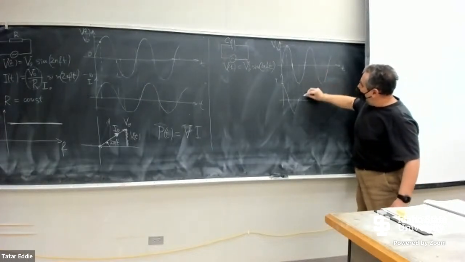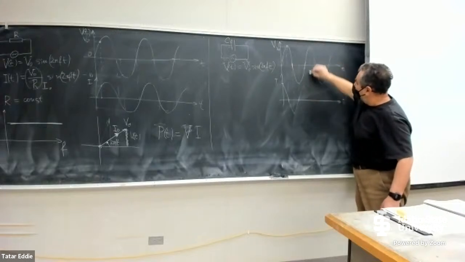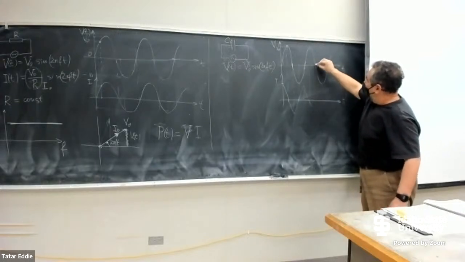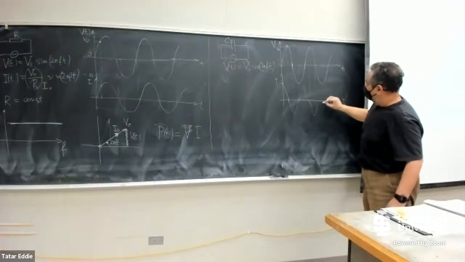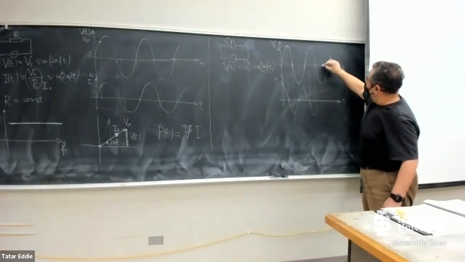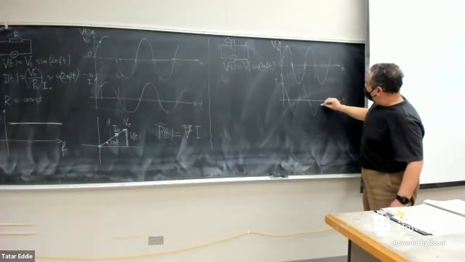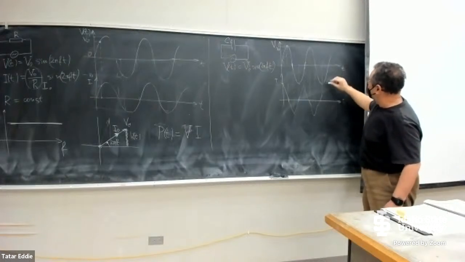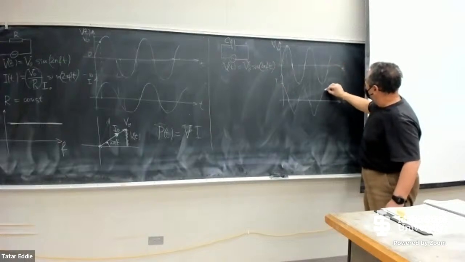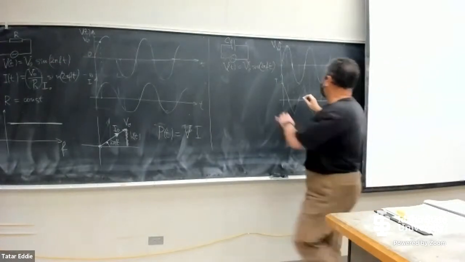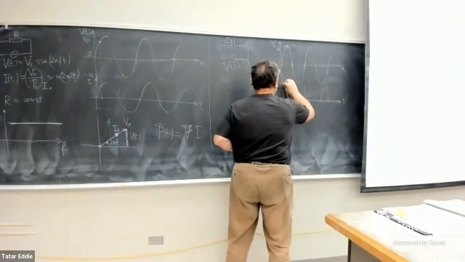So let me try to draw it. You're going to have a curve similar to the sine function curve. But it is similar, but it is shifted with respect to the sine function. It is shifted. So look, here is the current.